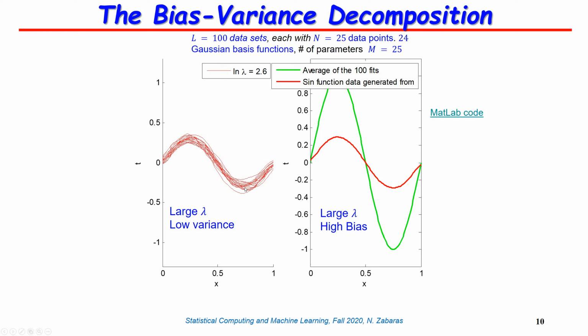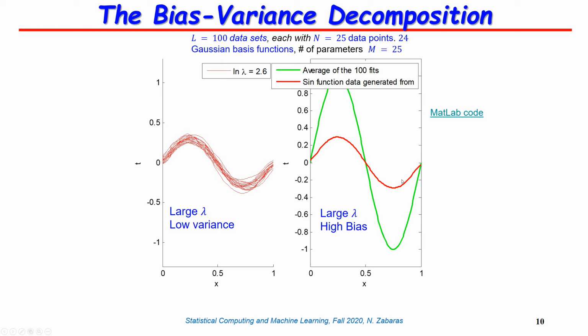Okay, so what you observe for this case, the regularization is log of lambda is 2.6. So that's a very high regularization. If you have a very high regularization, the effective complexity of the model is low. Effectively, that regularization forces a lot of the W's to become 0. So in that case, we have low variance that you can see on the picture on the left.